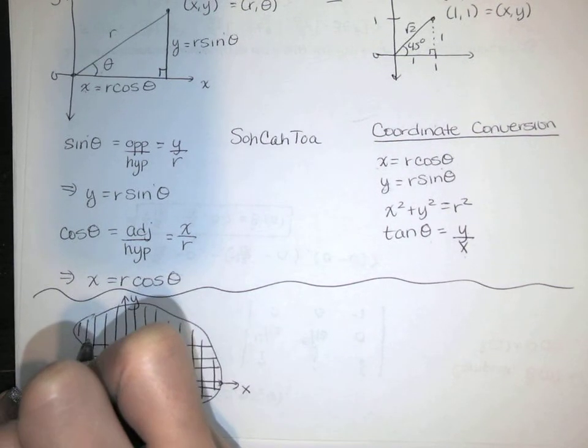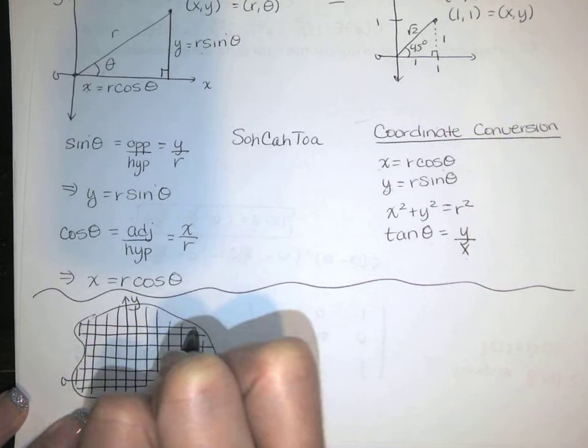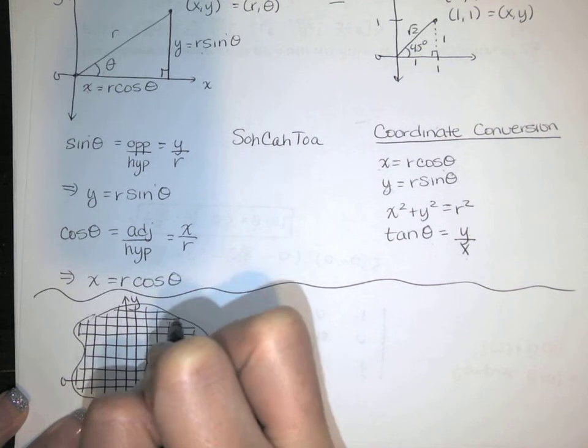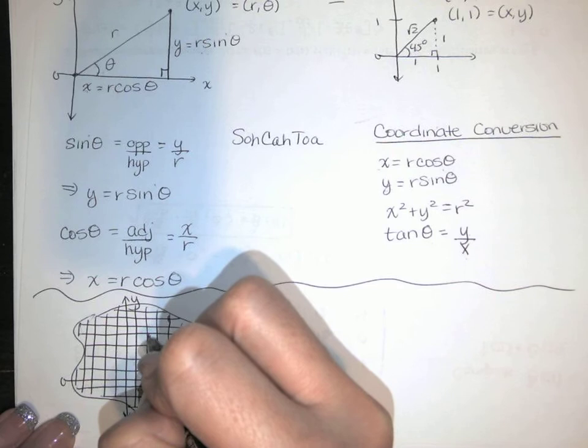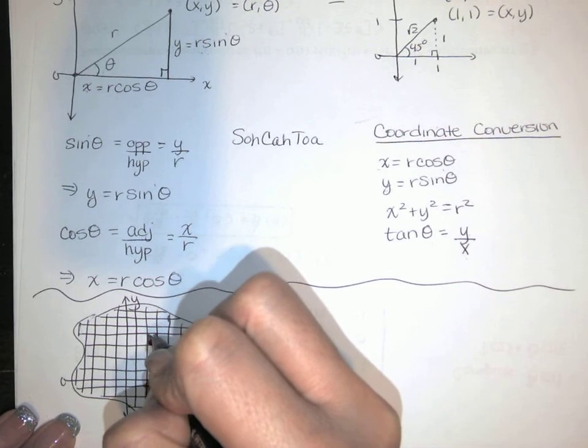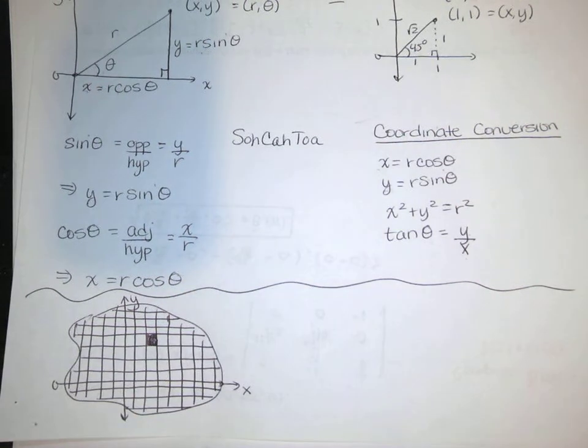It's not a very good grid, but I hope you get the idea. And what we see are a bunch of rectangles. So it makes sense that we would call this rectangular coordinates.